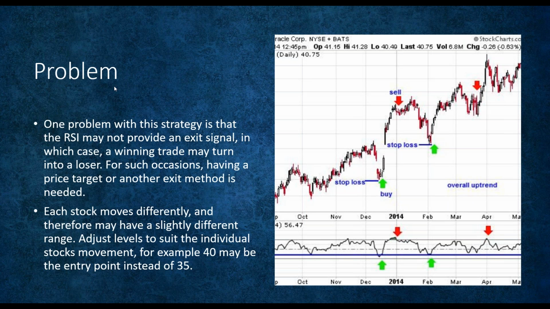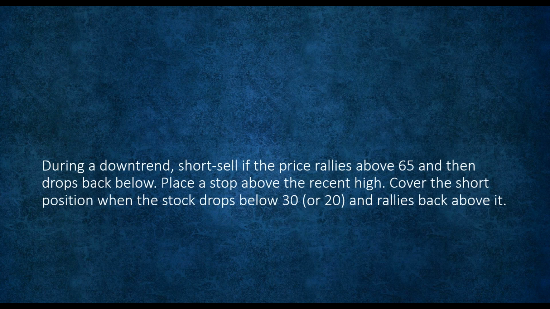So you should always calculate your stop loss and take profit levels before and not after the fact, because each stock or asset moves differently and therefore may have slightly different ranges. During a downtrend, short sell if the price rallies above 65 and then drops back below. Place a stop above the recent high. Cover a short position when the stock drops below 30 and rallies back above it.